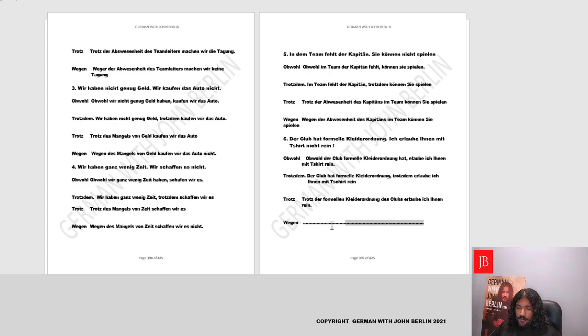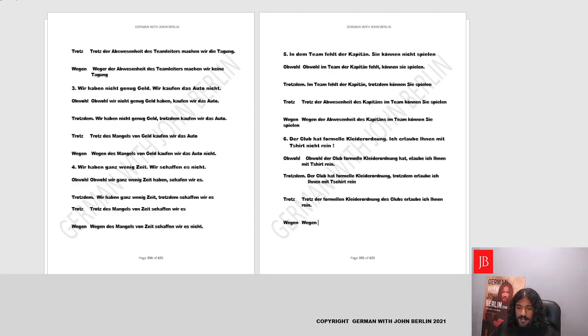Perfect. And now we could do it with wegen. Wegen is straightforward, no real contradiction. Es ist nicht widersprüchlich. It's not contradictory. So we just write, because of the formal dress code of the club, I do not allow you in.